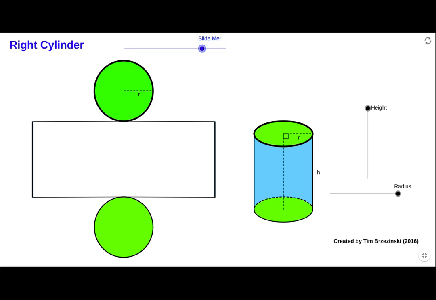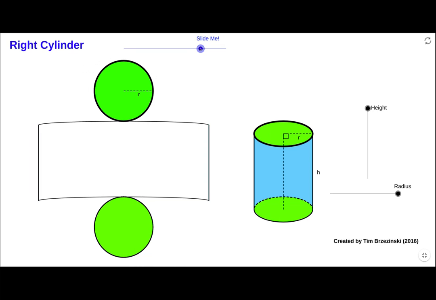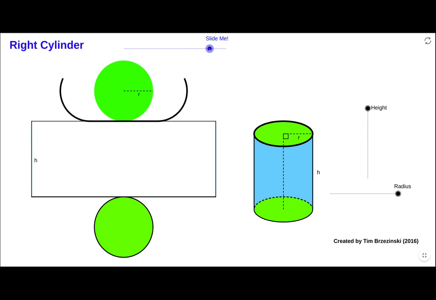Now, finding the surface area of the cylinder is just the simple practice of finding the surface area of these two-dimensional shapes. One last important point is this length of the rectangle. Remember, that was wrapped around that circle. So that length, unraveled, is the circumference of the circle, and it matches the length of that rectangle, because that's what is wrapped around.